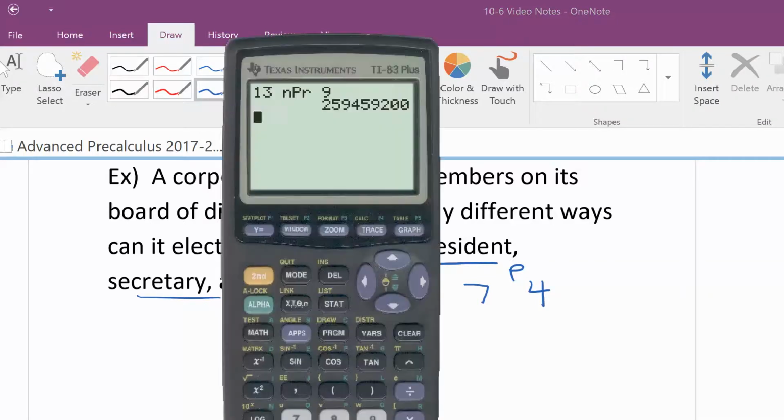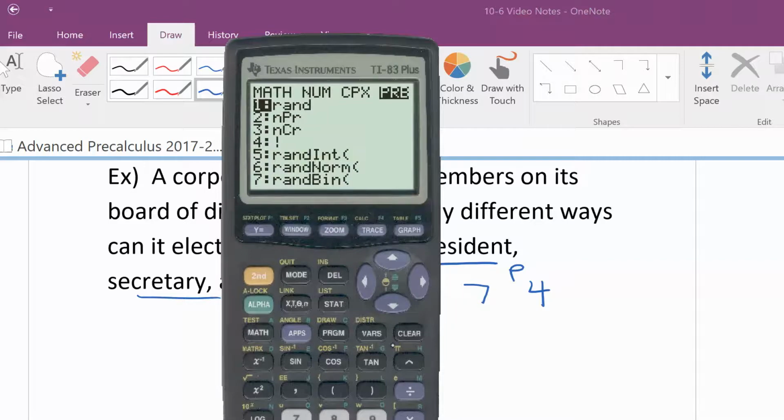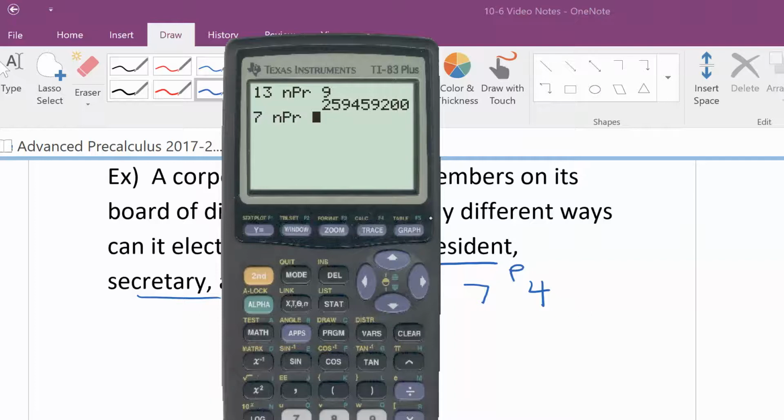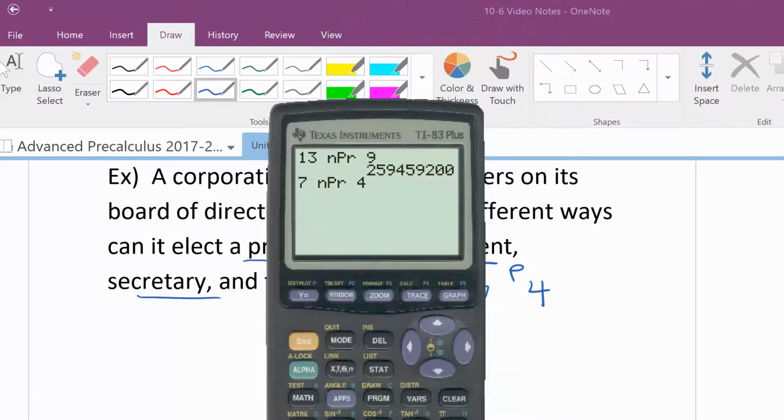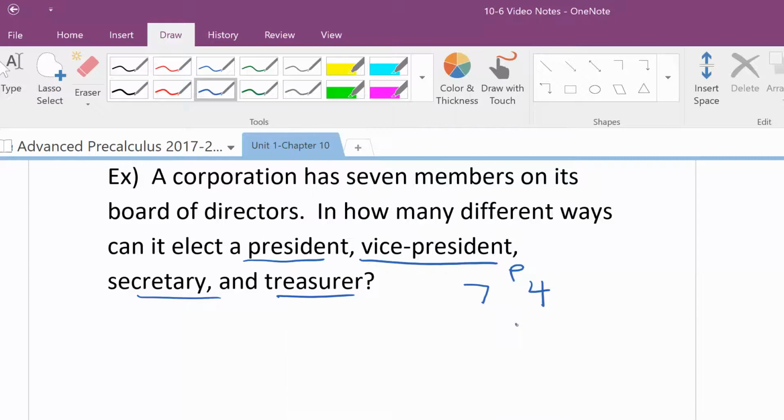So when you type that in on your calculator, you can go 7 and then math, permutation, 4. So you get 840 different ways that you can do that.